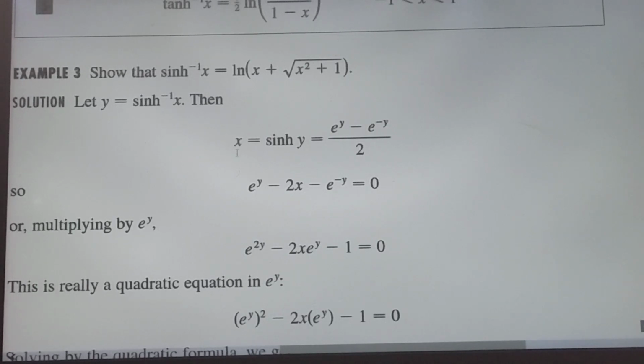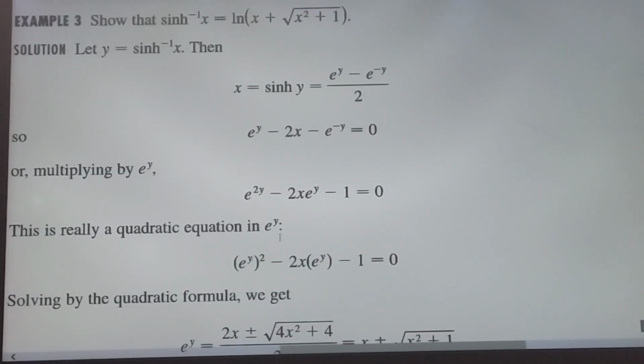So when x comes to the right hand side, it becomes negative x. Negative x times that 2, to remove the denominator, it becomes e to the power y minus 2x minus e to the power negative y is equal to 0. Okay, and then here, which is the same thing, whereby they just multiply by e to the power y.